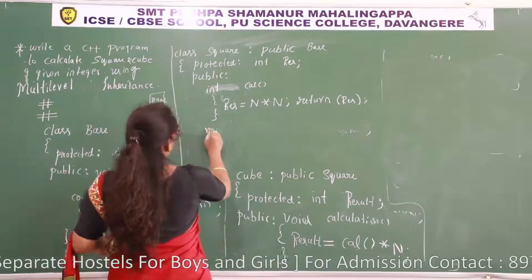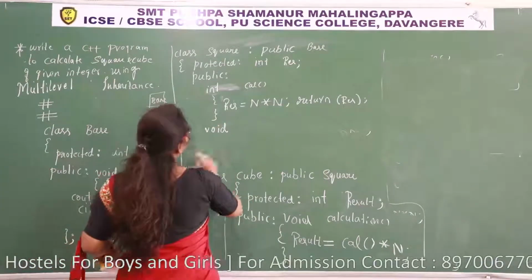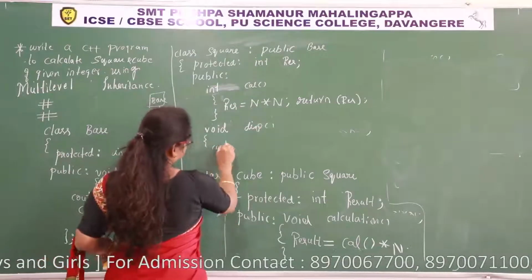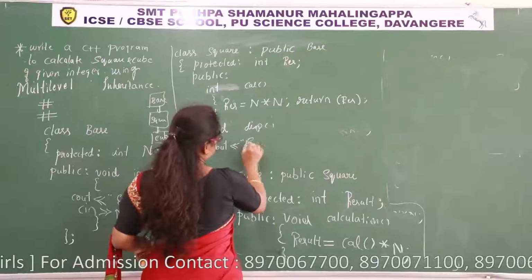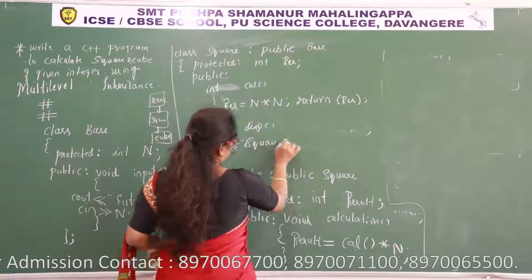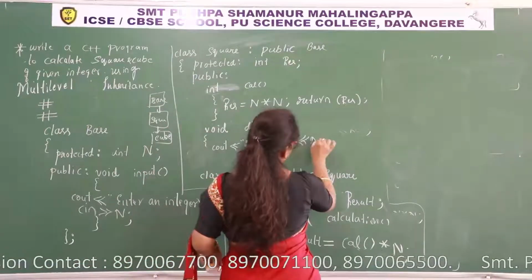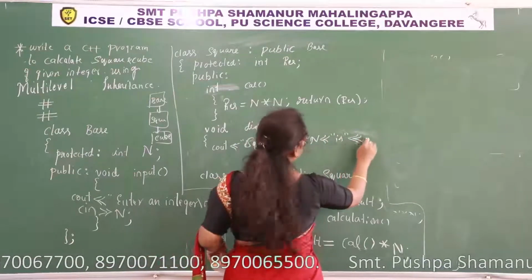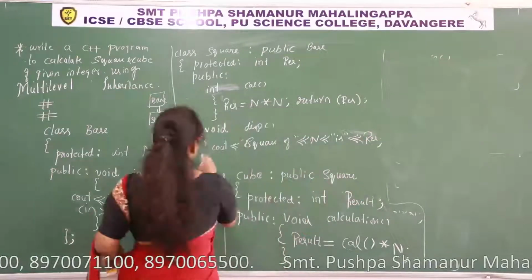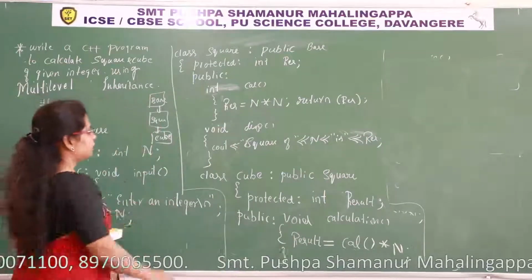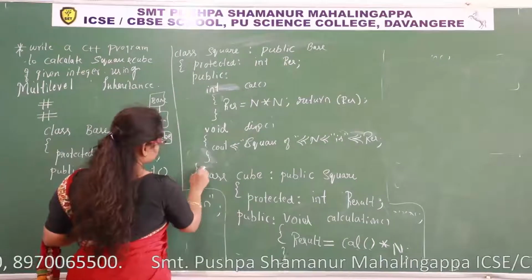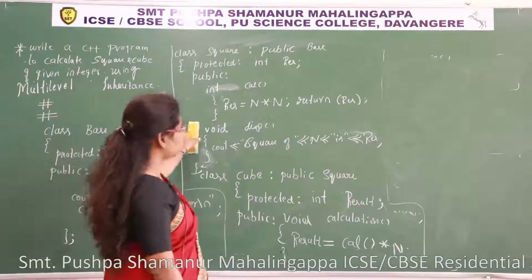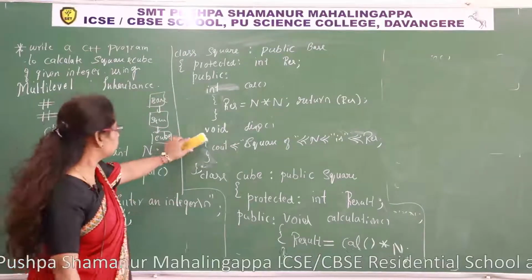Or I'll let it same, void disp, cout square of n is res. Okay, I'll close the class. I let the same what is there before.